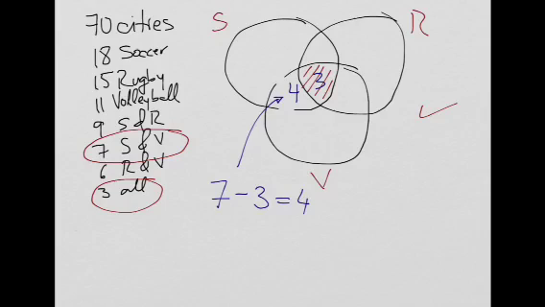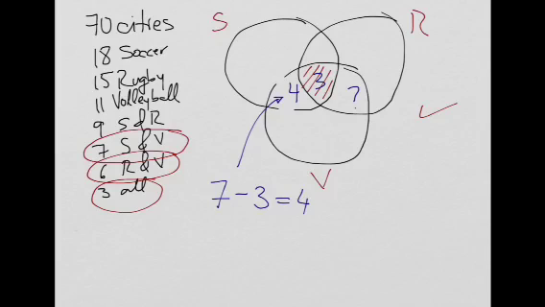Similar way of thinking, right? If we look at rugby and volleyball, so we're in this piece here, right? We want only rugby and volleyball, so you have to exclude those 3.